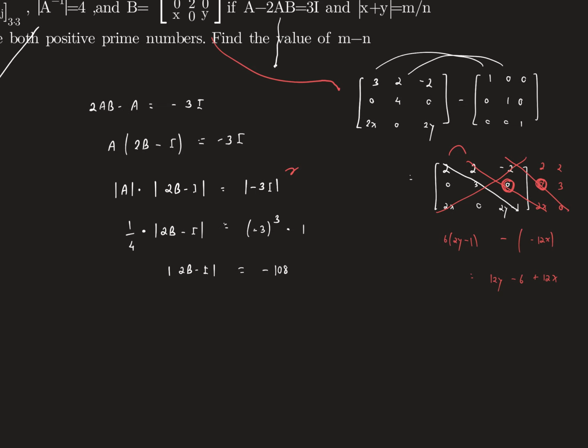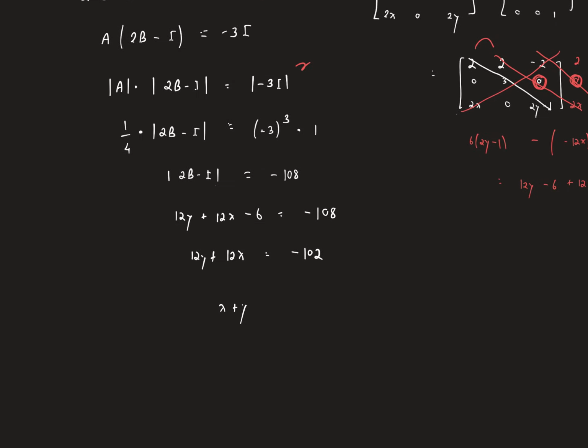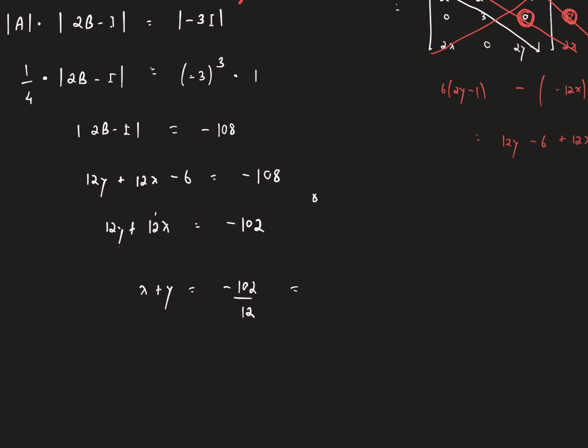So in this case, the determinant value of matrix 2B minus I is 12y plus 12x minus 6 equals negative 108. So 12y plus 12x is negative 102, and x plus y, or y plus x, you could say that is equal to negative 102 over 12, which is, well, we can divide it by 6, negative 17 over 2.